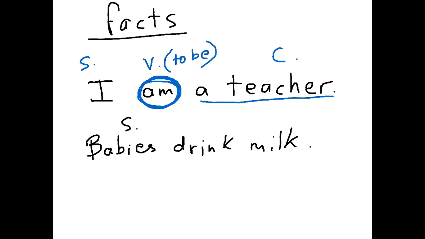Subject, sorry, let me change colors here. Subject, verb in the base form, and complement. It's a fact because most babies drink milk, and this is not going to change anytime soon.